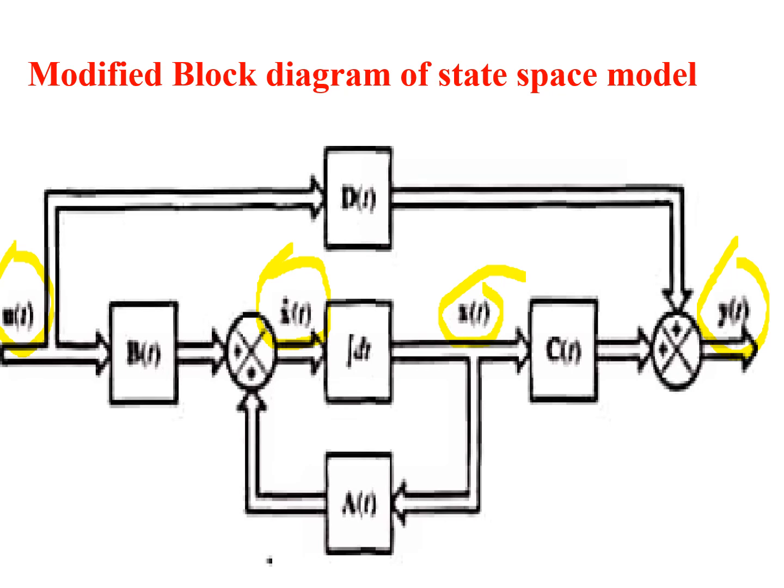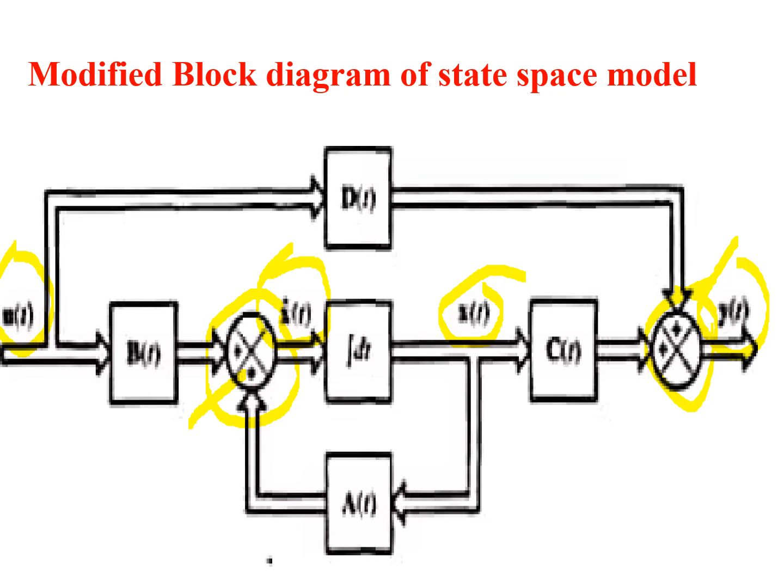State model equations can be obtained at two summing points, that is summing point 1 and summing point 2. At summing point 1 we are going to get the state equation. Here the state equation x dot of t is the summation of the input with some gain as well as the state variable with some feedback path gain.